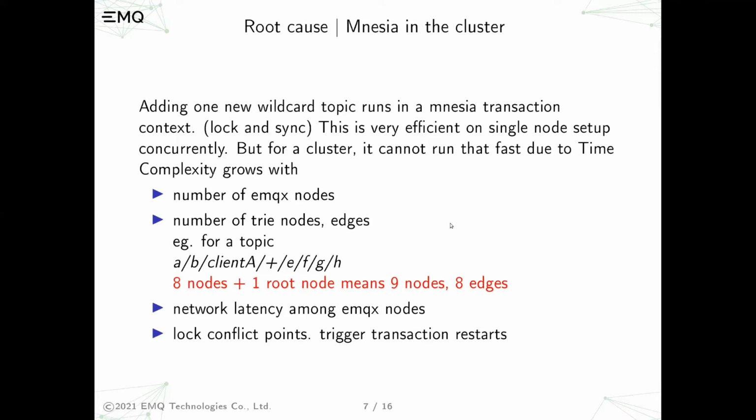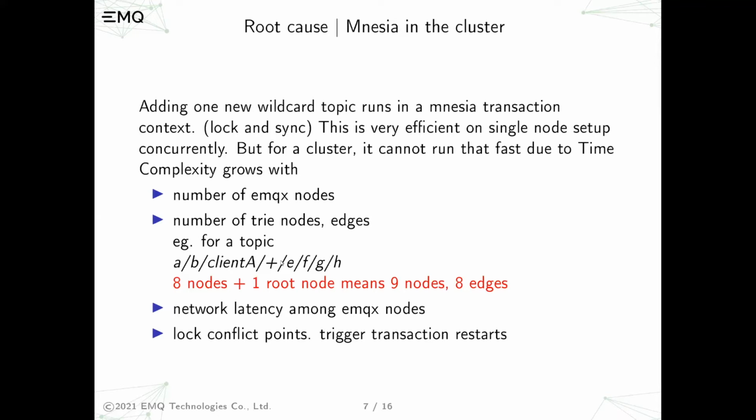This is very efficient on a single node setup concurrently, but it's not that efficient in a cluster, because the time complexity grows with a number of factors. The first is the number of EMQX nodes, because the locks need to be taken on all the nodes. So if you have a very slow node, the transaction time will be impacted also.